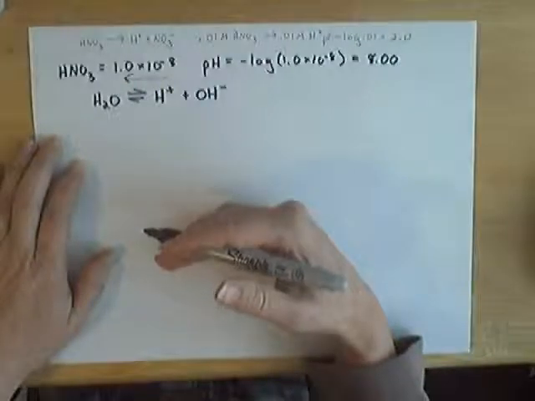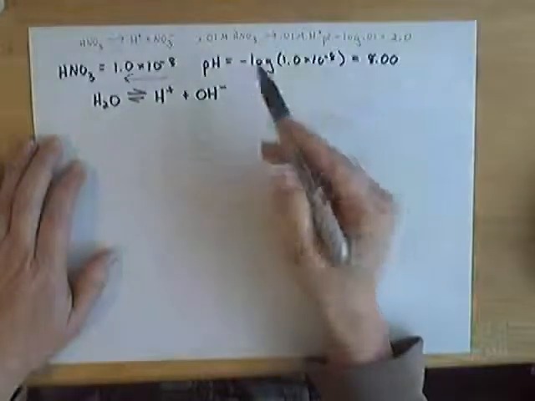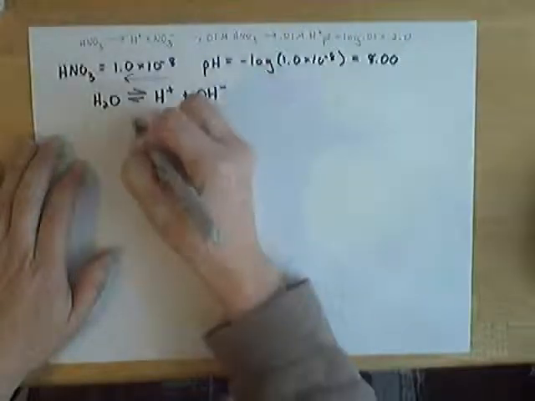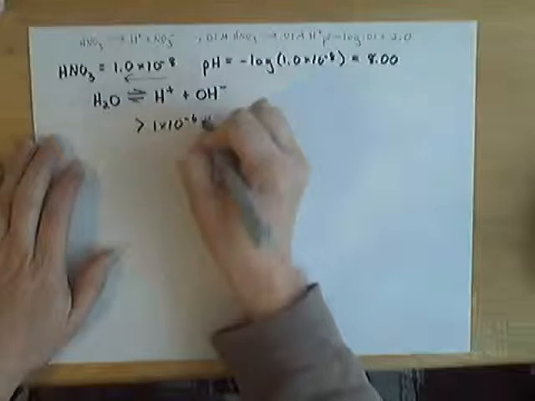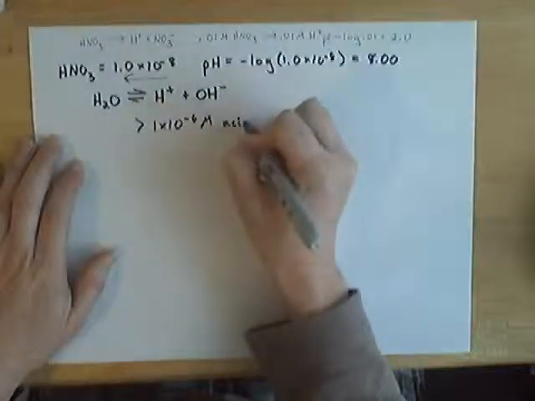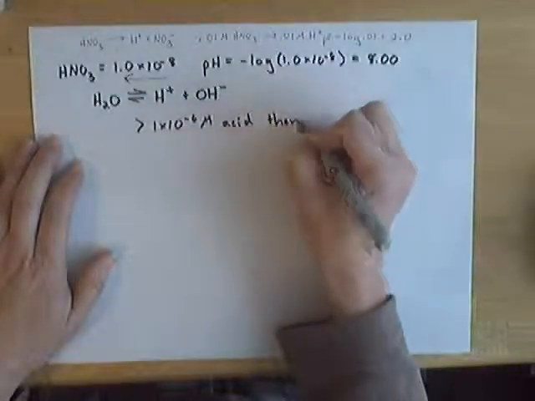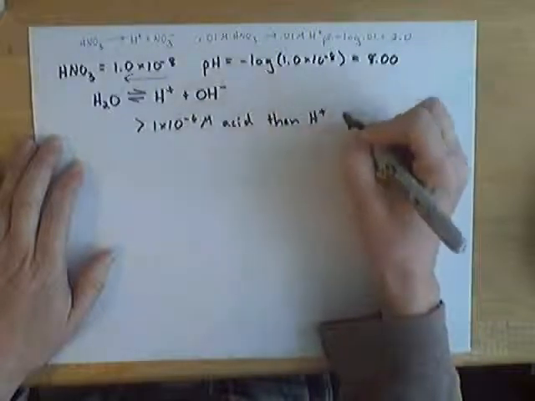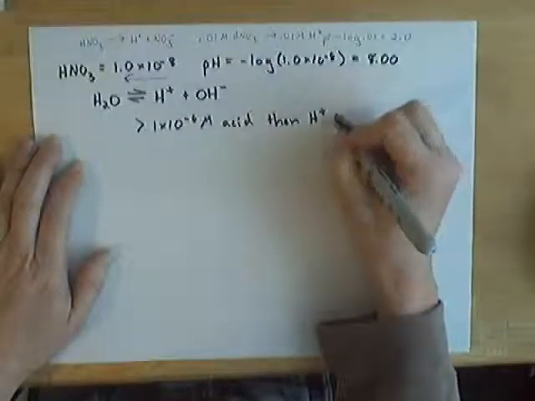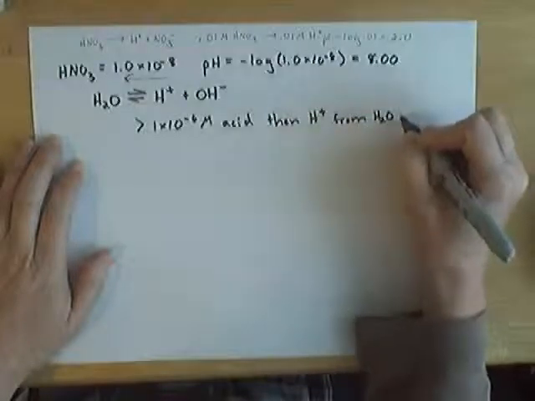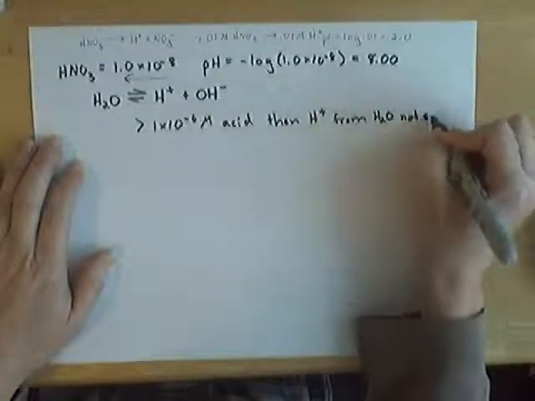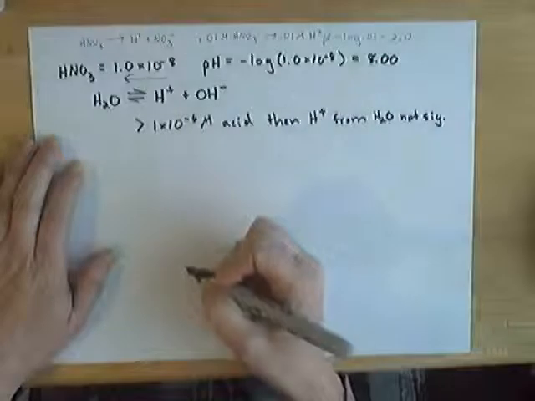So when you're dealing with relatively high concentrations of acid, concentrations that are above 1 times 10 to the negative 6 molar of acid, then the H+ that's being contributed by water is not significant, and we can ignore it, just like we were ignoring it all through general chemistry.